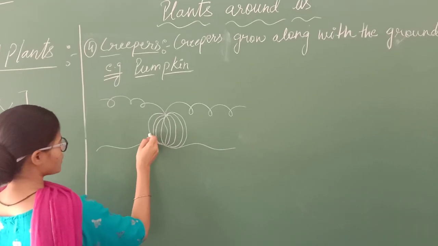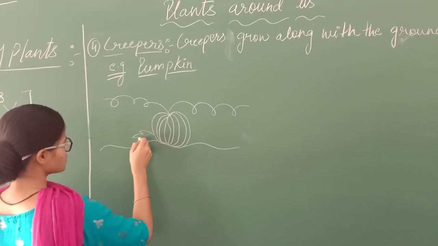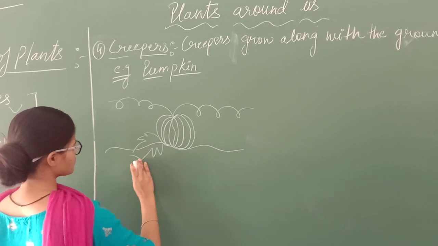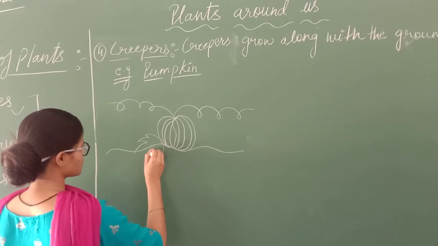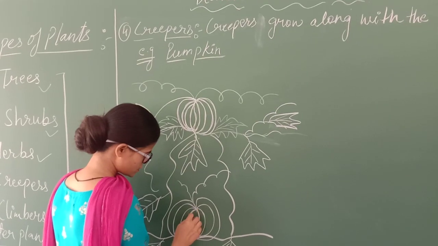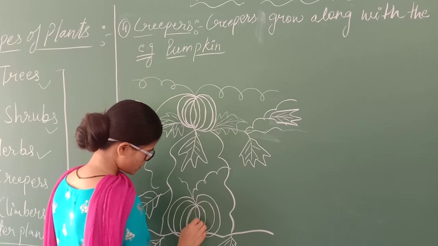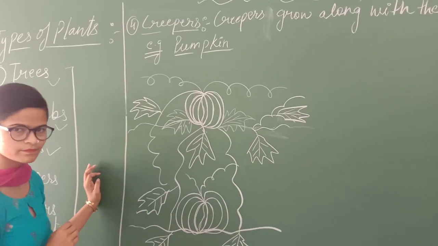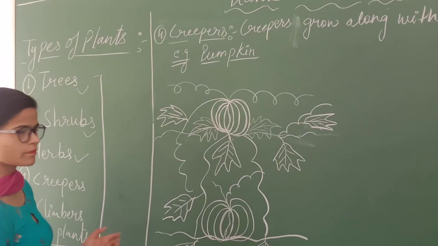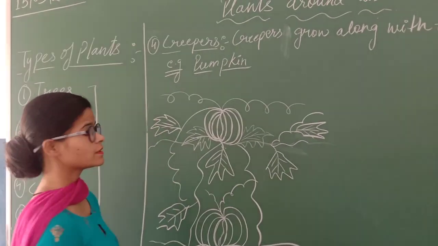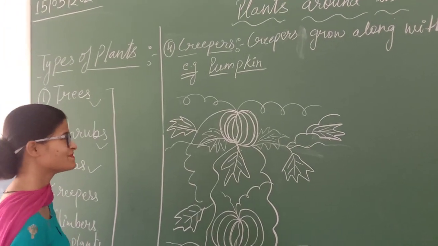Now it has different leaves. Pumpkin, and you have to draw pumpkin in your notebook. Okay? Pumpkin. Very good plant, na? Very good. So this plant comes under creeper tree.